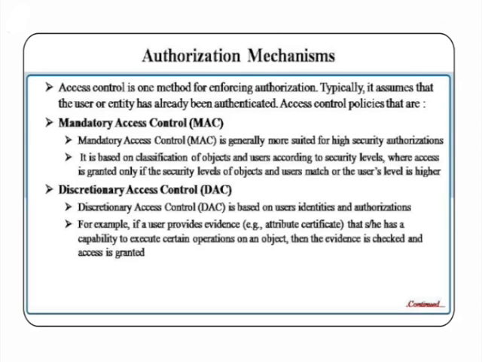Whereas discretionary access control, or DAC, is based on user's identity and authorization. For example, if a user provides evidence like an attribute certificate that he or she has a capability to execute certain operation on an object, then the evidence is checked and access is granted based on validity of that evidence.